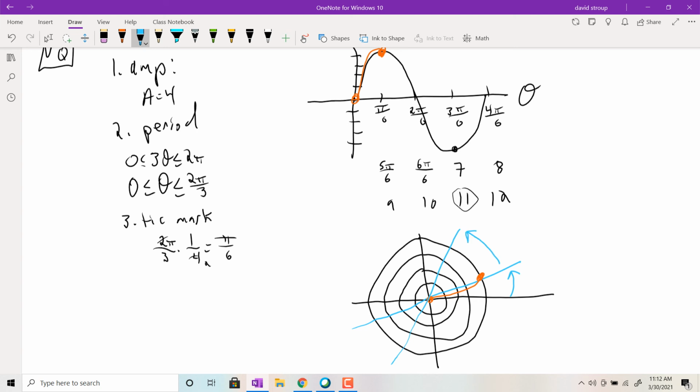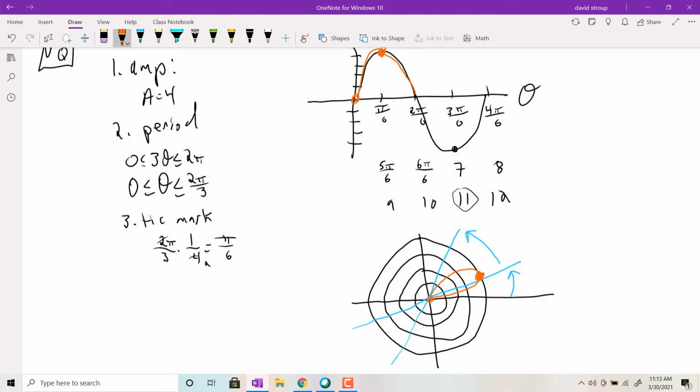That will go from 4, you can see in the theta r graph, back to 0. Where are we? So this is pi over 6. 2 pi over 6 is pi over 3. So from pi over 6 to pi over 3, it's going to curve back to 0.